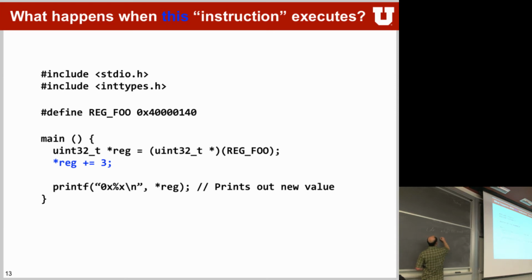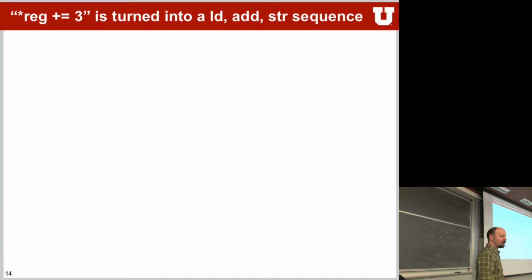Add R1, 3, and last, store it back. Exactly. Now, don't get me wrong, it could be that some of the notation here is wrong, and I'm not sure if they have to be W's or not. I don't think they actually have to be. But that's what happens. They get translated into a load, an add, and a store sequence.